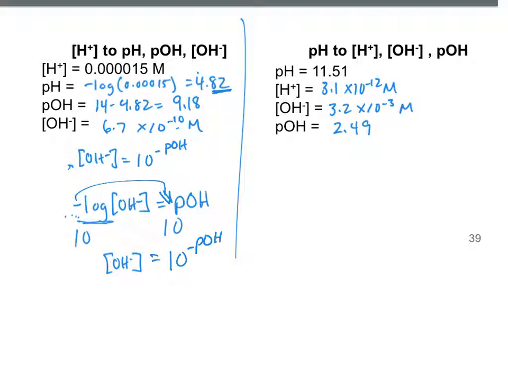Anything else? Good questions. Is there a special way you need to type that into your calculator? Because when I type 10 to the negative, I get 1.5. Yeah, parentheses might help. It depends on the calculator too. Whatever you do with parentheses. And make sure you're using the E. That might help too.